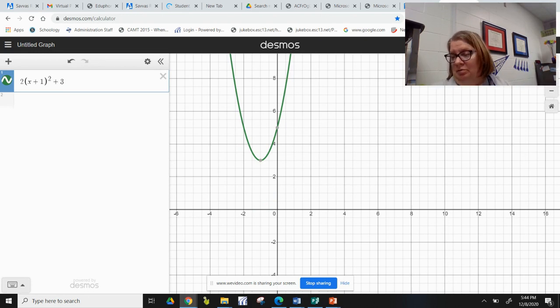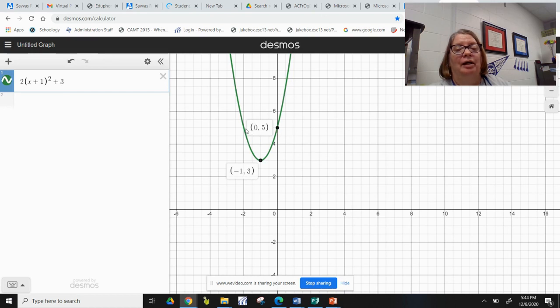Let's check our work. Vertex we said was negative 1, 3. Axis of symmetry was x equals negative 1. That's right. It's always going to go through the vertex. Okay. Y-intercept, 0, 5. That's what we said.